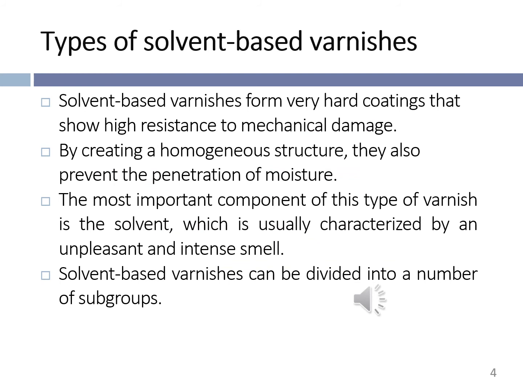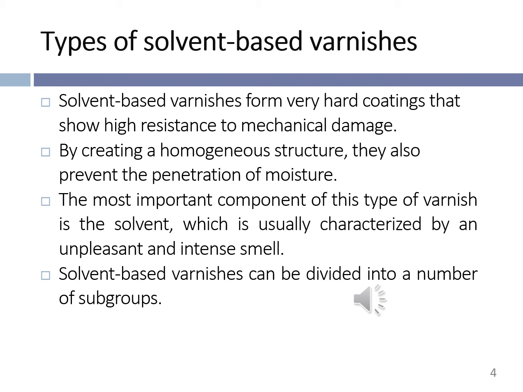Types of solvent-based varnishes. So what are solvent-based varnishes and what are the types of solvent-based varnishes? The varnishes which are formed from the solvents are solvent-based varnishes. Solvent-based varnishes form very hard coatings that show high resistance to mechanical damage.